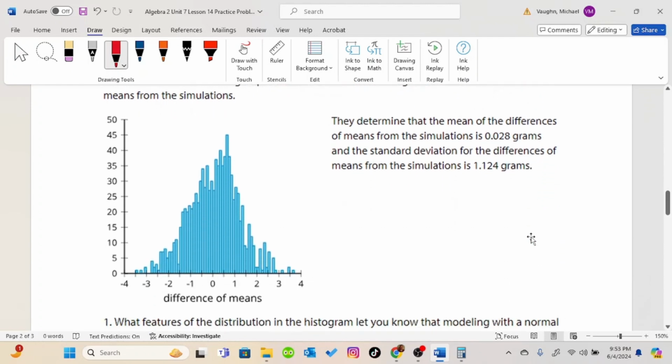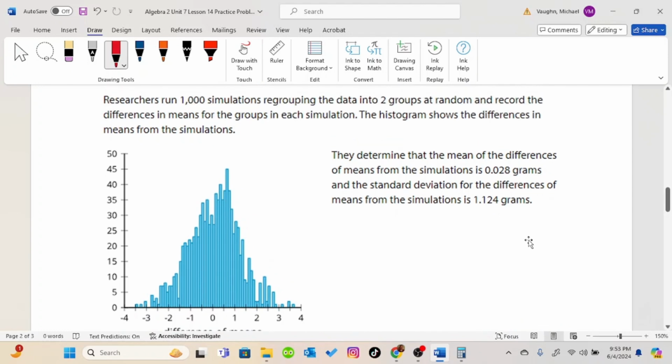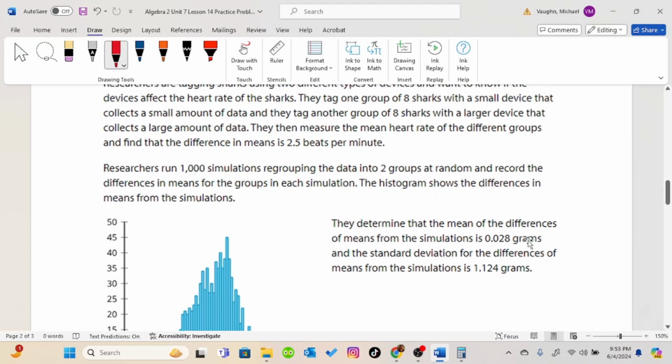They determine that the mean of the differences of means from the simulations is 0.28 grams, and the standard deviation for the differences of means from the simulations is 1.124 grams. So these should not be grams, these should say beats per minute.